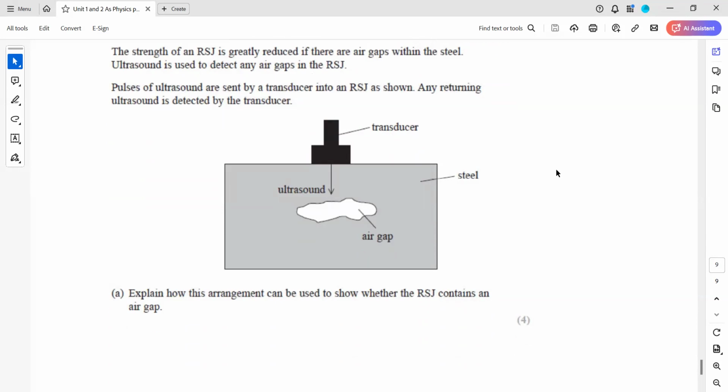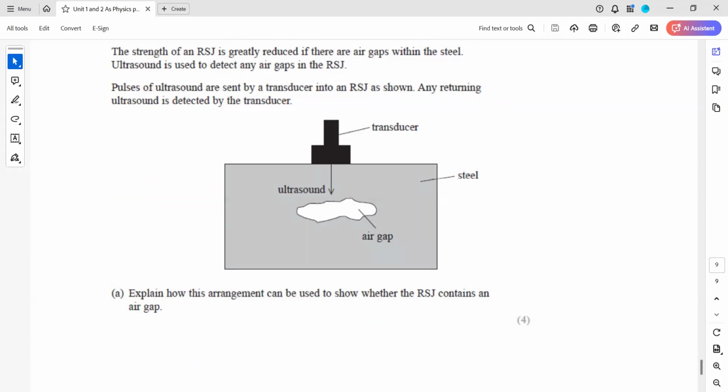Ultrasound is used to detect an air gap in an RSJ. The pulses of ultrasound are sent by a transducer into an RSJ, and any returning ultrasound is detected by the transducer. Explain how this arrangement can be used to show whether the RSJ contains an air gap.